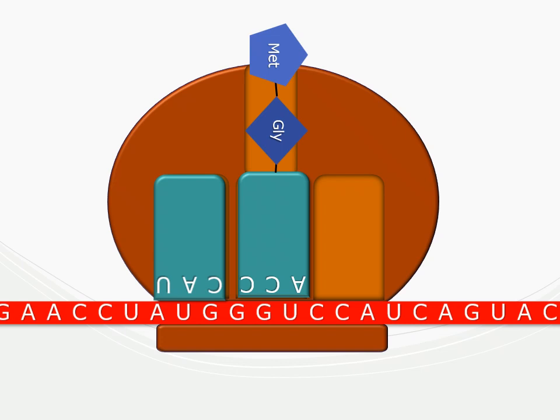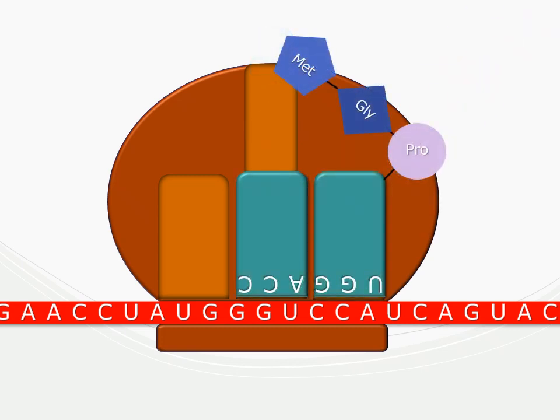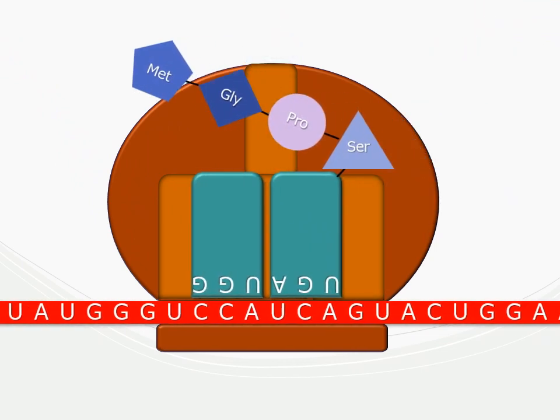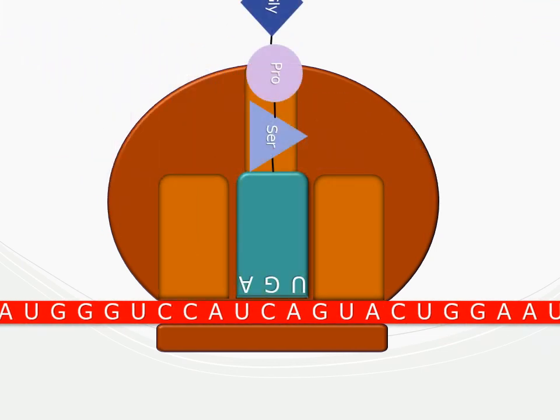The empty tRNA can now leave while the next comes in, and the polypeptide chain is again moved onto the incoming amino acid. The ribosome again moves, the empty tRNA leaves, and the next comes in, and this process repeats, bringing in an amino acid for each codon until the stop codon is reached.